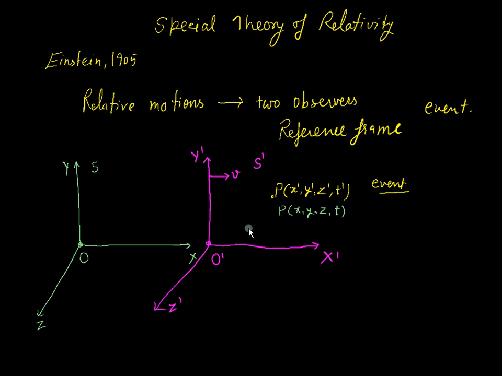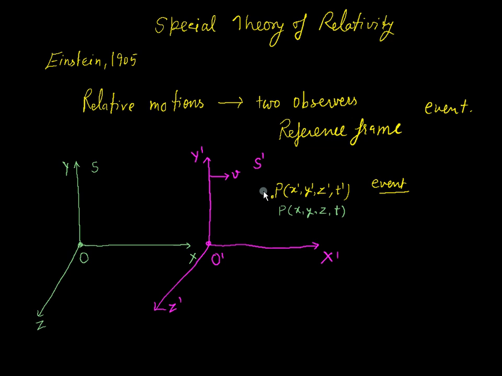Now the point is, if the O prime observer who is sitting in a moving frame observes that event, he will define that event in his coordinates, and they are x prime, y prime, z prime, and the time coordinate t prime.